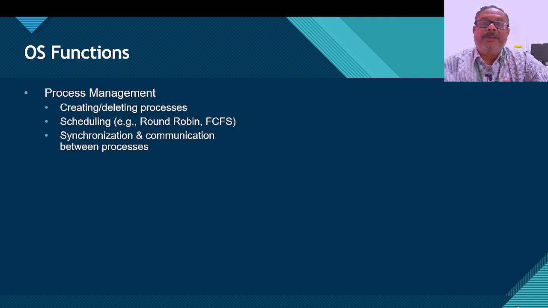So there has to be some synchronization between the two processes, and multiple processes if we are working in such an environment. All the synchronizing activities and communication activities are taken care of by the process management.